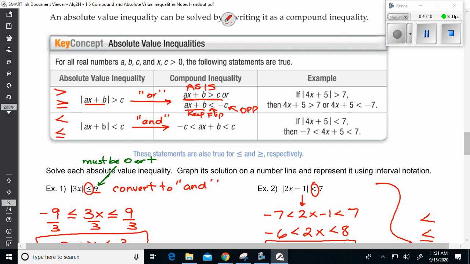But that only applies if you start with a greater than or greater than or equal to sign. So there's a heavy importance on looking at the problem first.